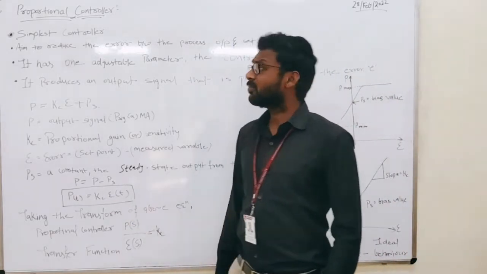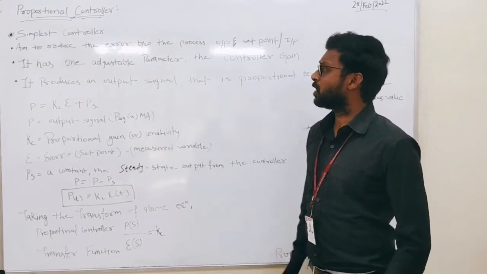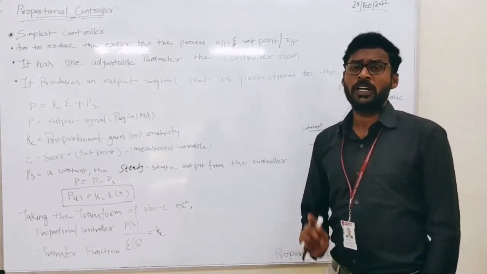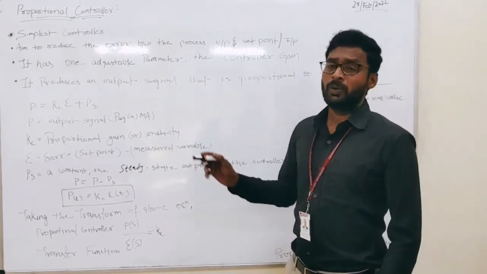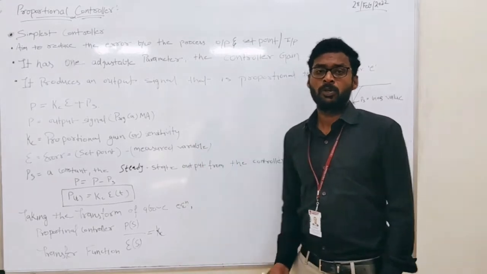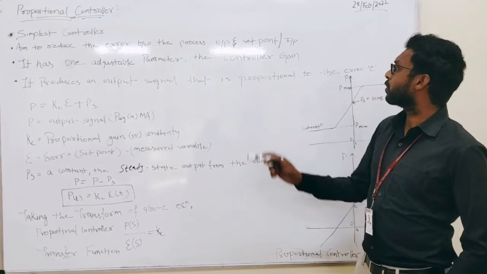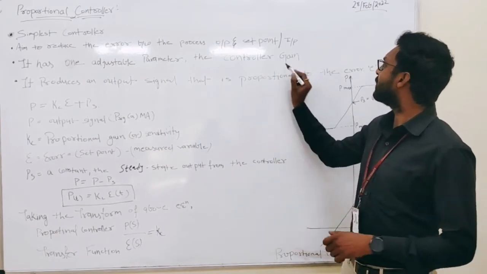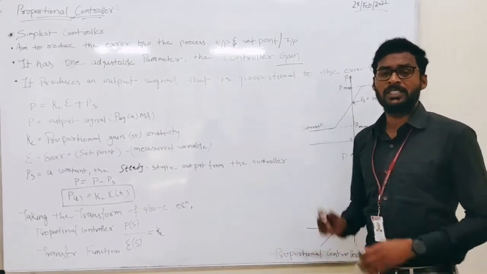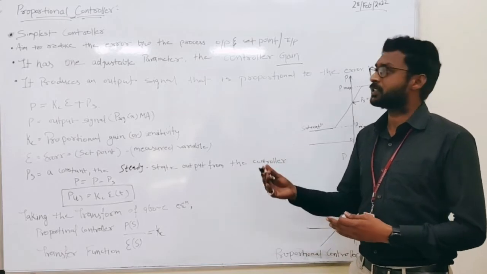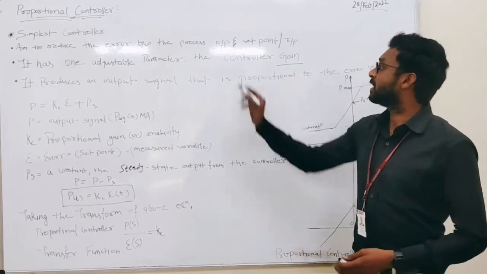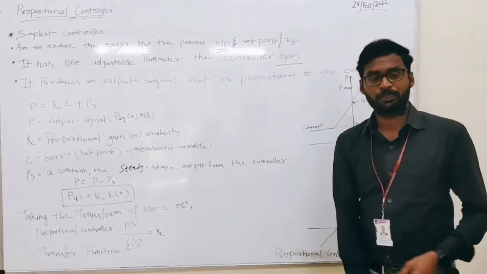In this proportional controller we have only one adjustable parameter to get the desired output. So what is that adjustable parameter here? In the proportional controller we can adjust the gain of the system or process to achieve our desired output.